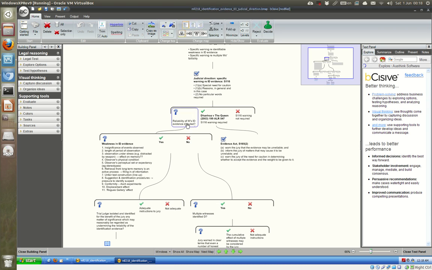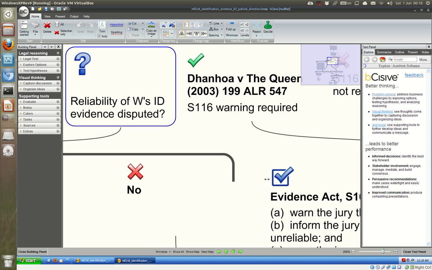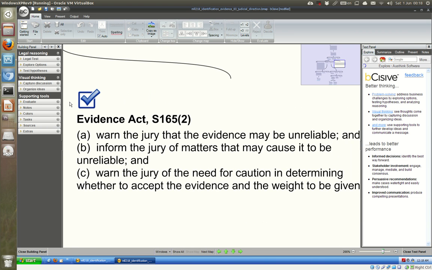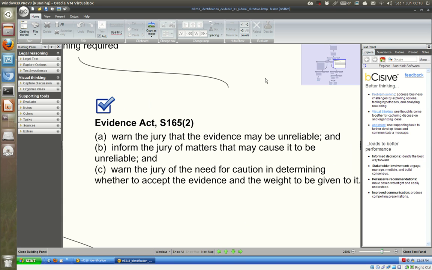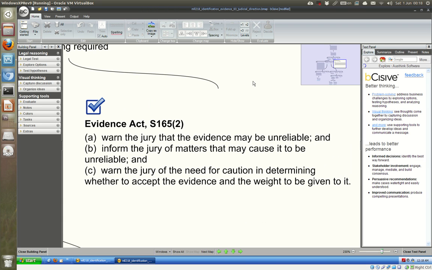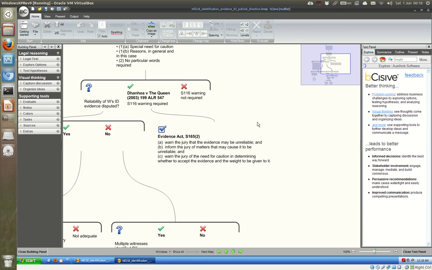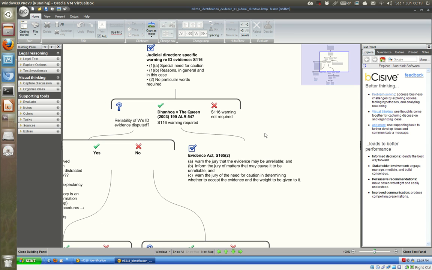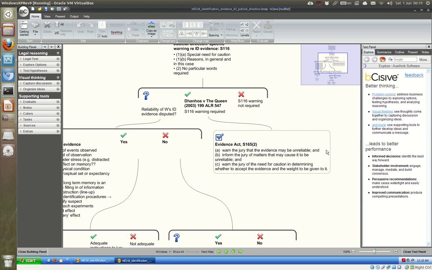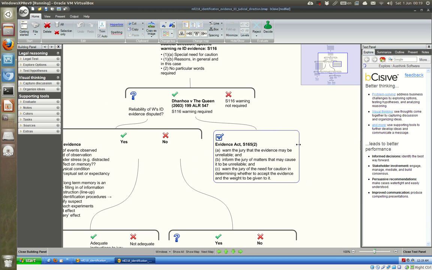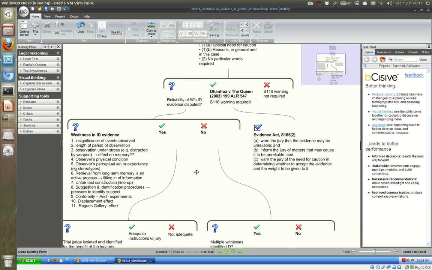And so if the reliability of the witness's identification evidence is disputed, then that triggers section 165 subsection 2, that the judge must warn the jury that the evidence may be unreliable and inform the jury of matters that may cause it to be unreliable, and warn the jury of the need for caution in determining whether to accept the evidence and the weight to be given to it. Now, neither Section 116 nor Section 165 requires specific words to be used, but it must be cogent and clear.